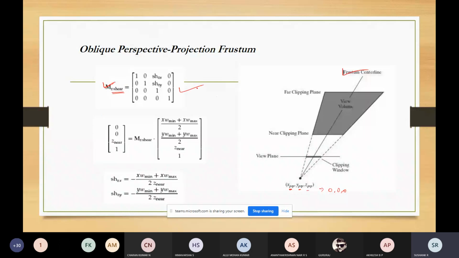After that, you can also simplify this matrix if you are placing one parameter called z near, that is, if you are placing the view plane at a position nearer to the clipping plane, so that we can move the center of the clipping window to the coordinate positions 0 0 on the view plane.